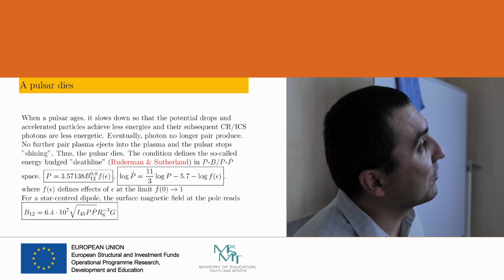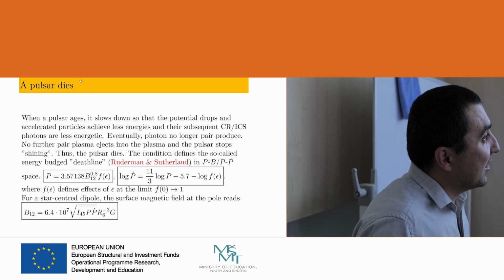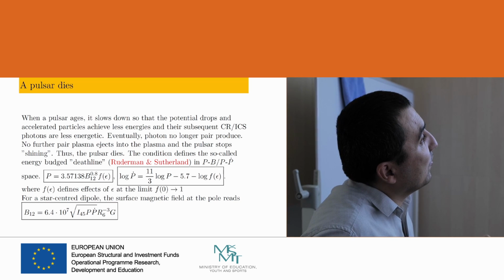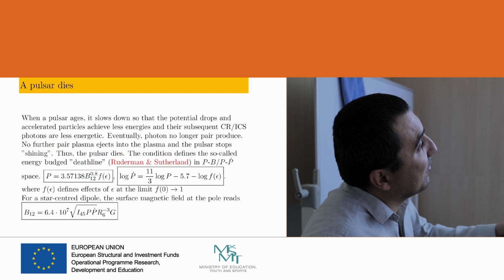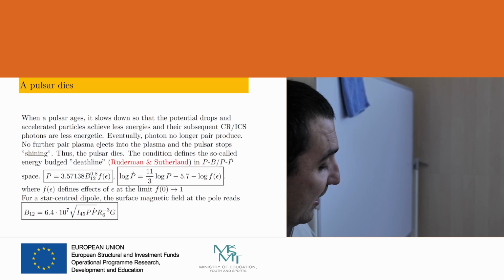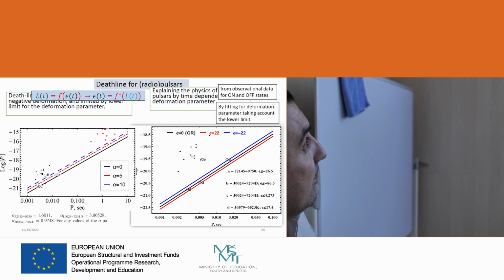For the first time, Ruderman and Sutherland suggested this, and this energetic condition for the deathline is also quite long, and I provide here some results, which depend on the deformation of the star, the space-time exterior to the star. These results show that for positive values of the deviation parameter, this line decreases.